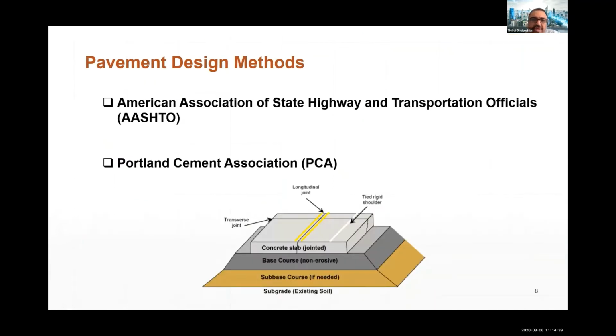There are two methods for pavement design. The AASHTO pavement design guide was basically based on the field testing of flexible and rigid pavement structures, and was started by testing in Ottawa, Illinois in the late 1950s and early 1960s.